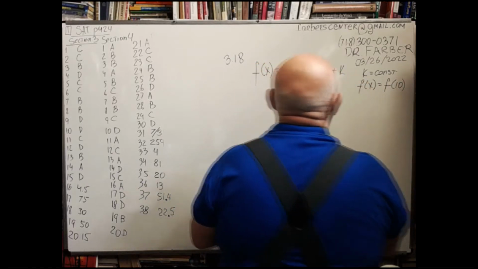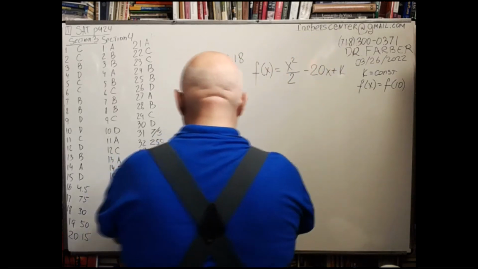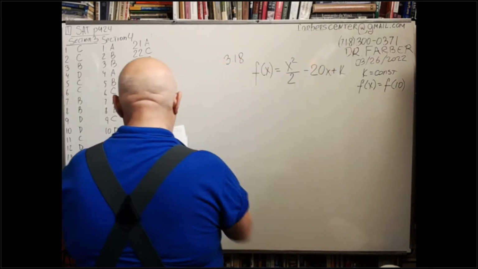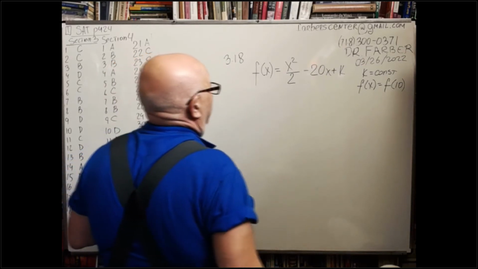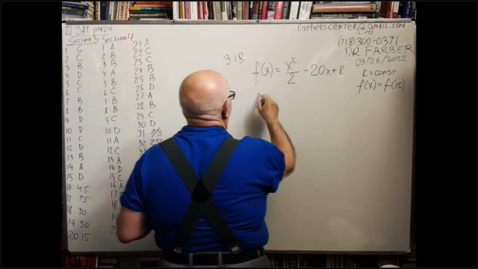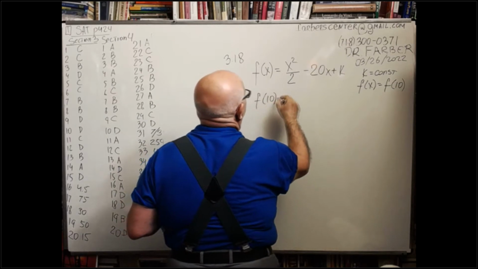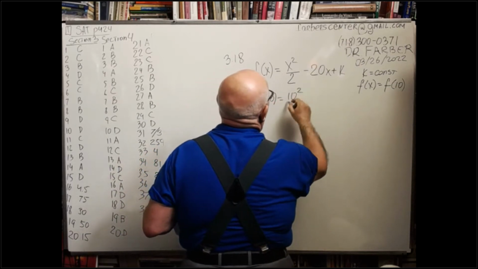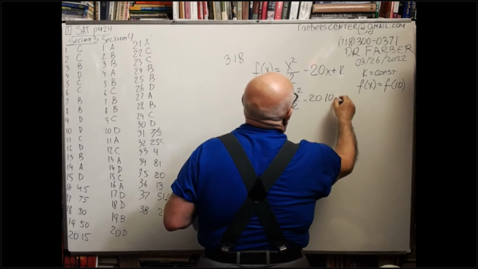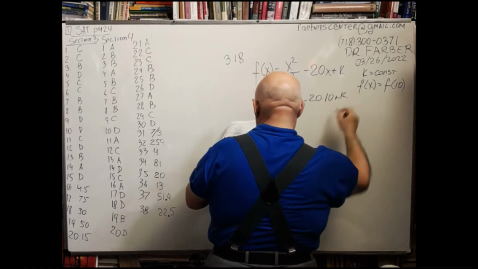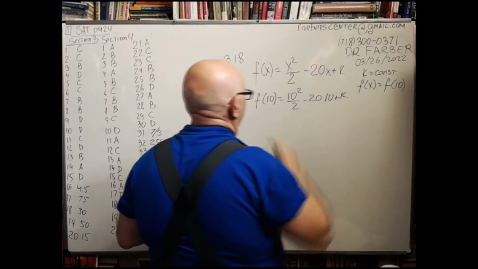You can solve it a few different ways. F of x equals f of 10. For instance, find f of 10. F of 10 equals 10 to the second over 2 minus 20 times 10 plus k. What is it?